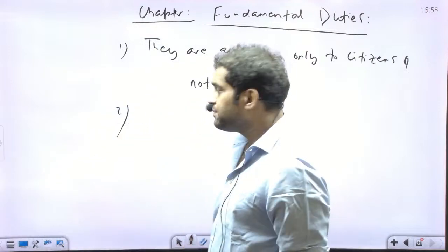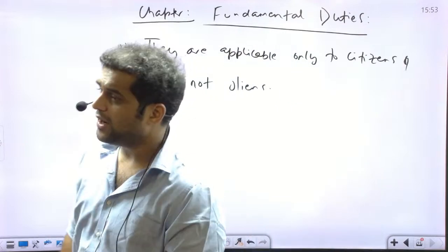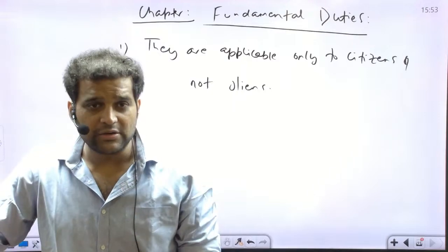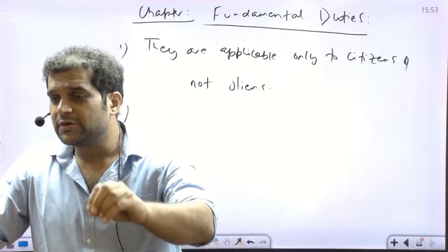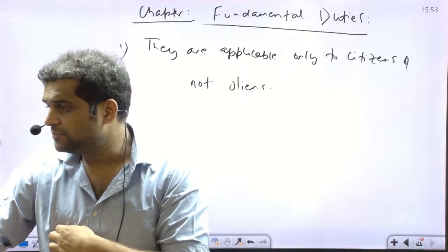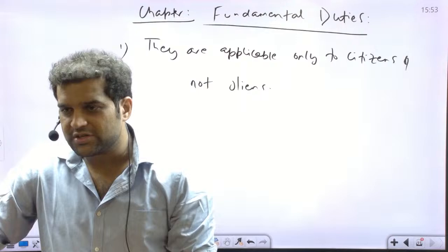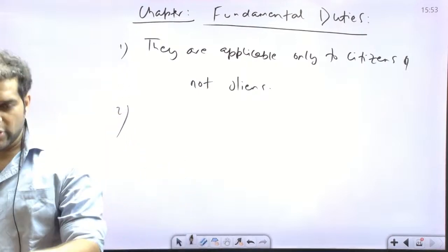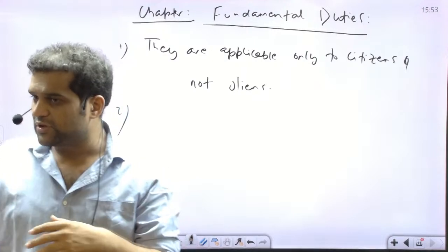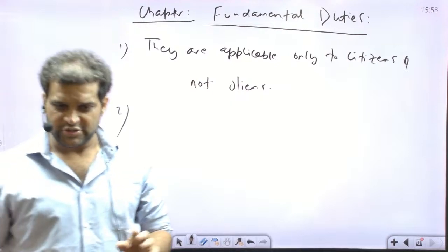For example, one of the duties, which we will write in a short while, says that it shall be the duty of every citizen to respect and cherish the noble ideas and our national flag and national anthem. It is one of the fundamental duties, but it is non-justiciable. Now let's say I'm sitting in a movie theater. You have seen that before the start of the movie, the national anthem plays, है ना? Yes or no?